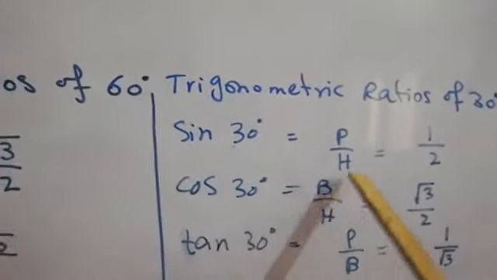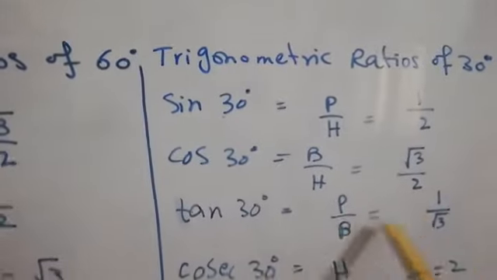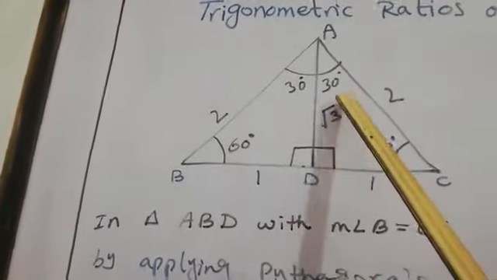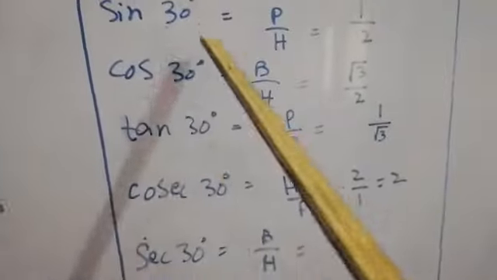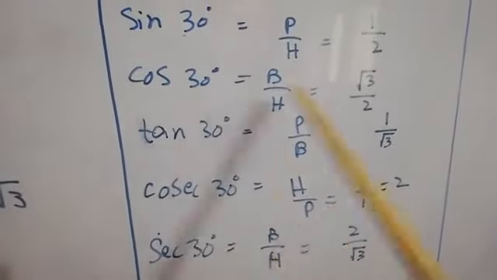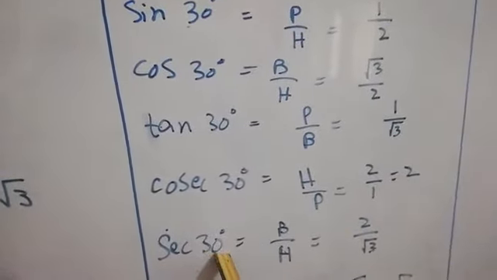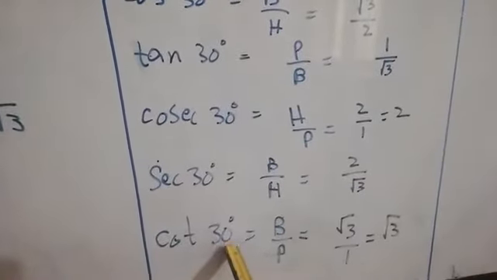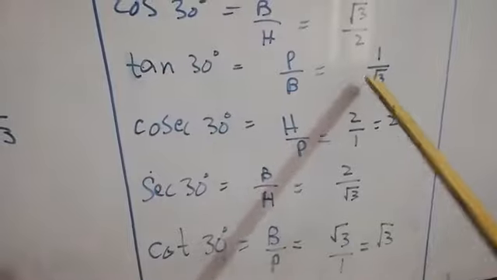Cos 30 is base by hypotenuse, square root 3 by 2, and tan 30 is perpendicular by base, which is 1 by square root 3, and cosecant 30 is the inverse of sine, so it will be 2. Secant is the inverse of cos, so it becomes 2 by square root 3, and cot is the inverse of tan, so it becomes square root 3.